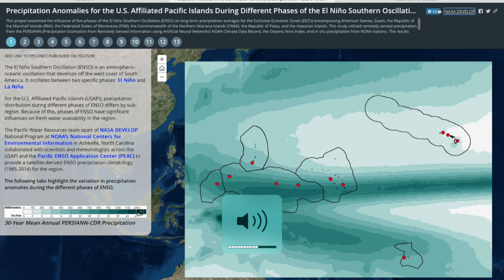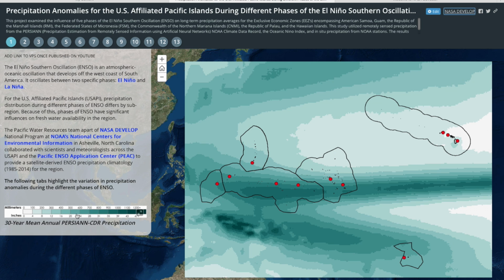So in every single one of these tabs labeled 1 through 13, you will have this panel on the left side here that has information about that specific map. On this first panel, I've also included hyperlinks to different animations as well as different organizations' homepages that are involved with this project.